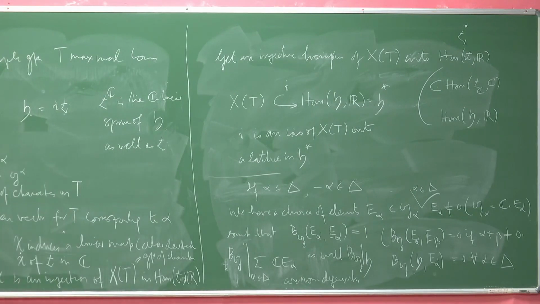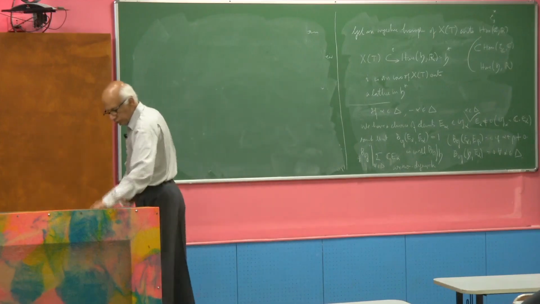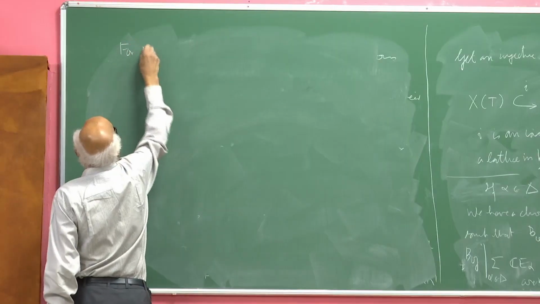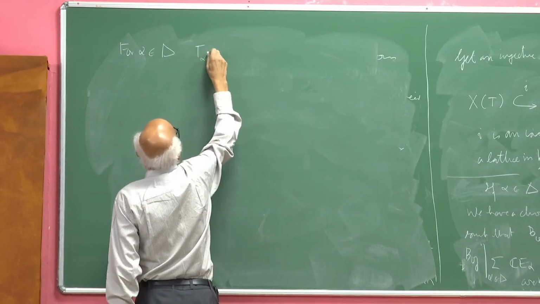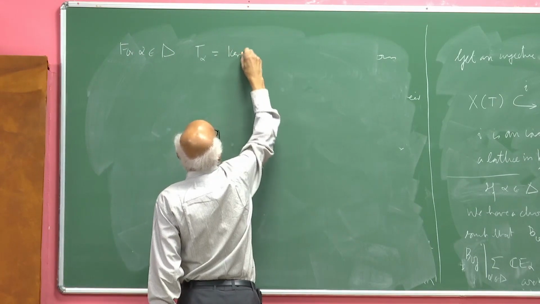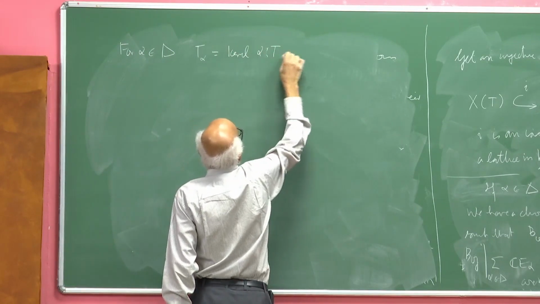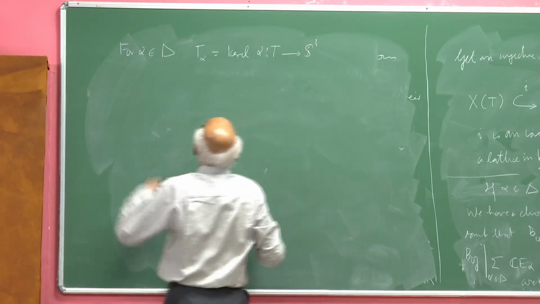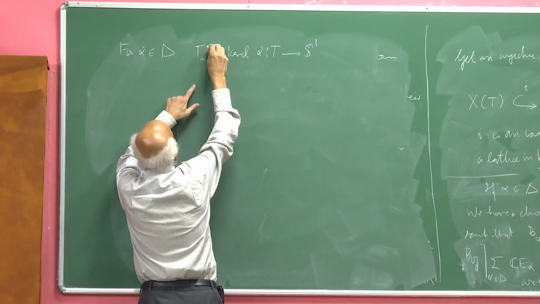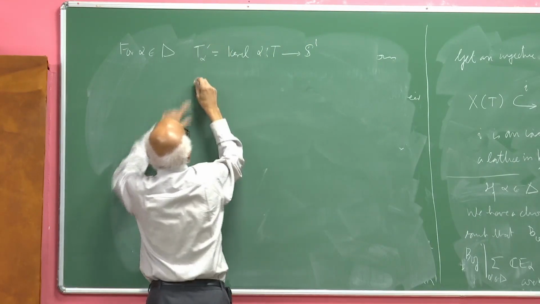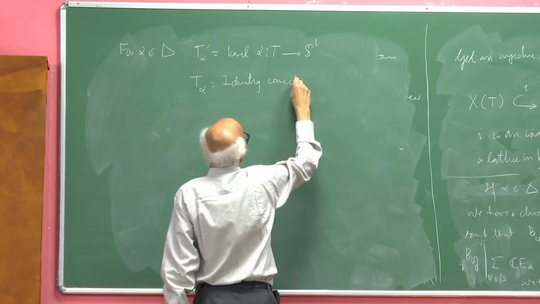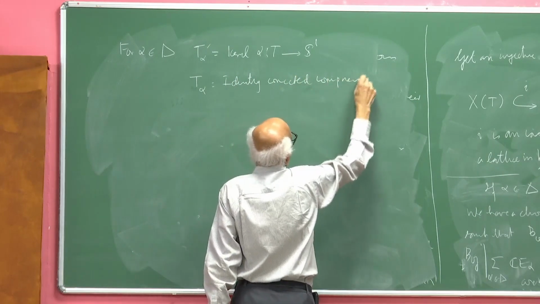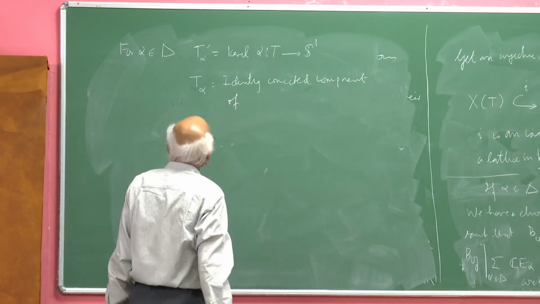Now, we also saw last time that if I look at the group for alpha in delta, I denote by T alpha the kernel of the character alpha going from T to S1, or rather let me first call this T alpha prime, and T alpha is the identity connected component of T alpha prime.